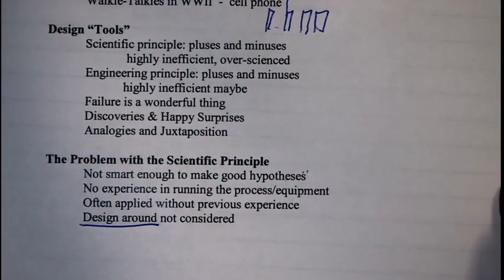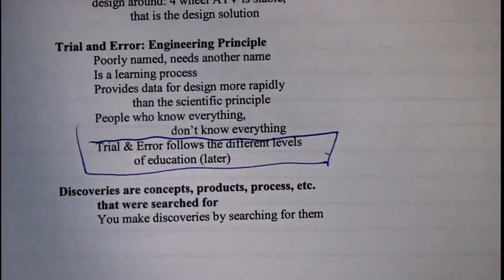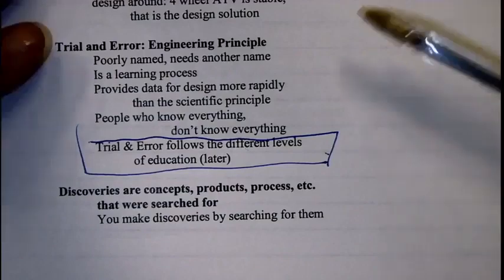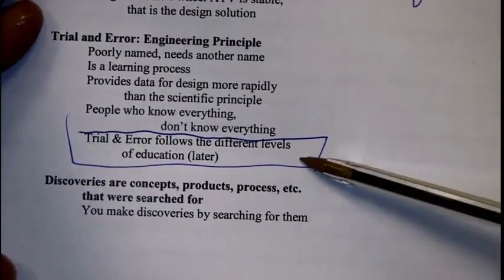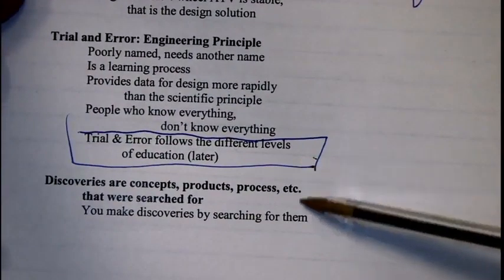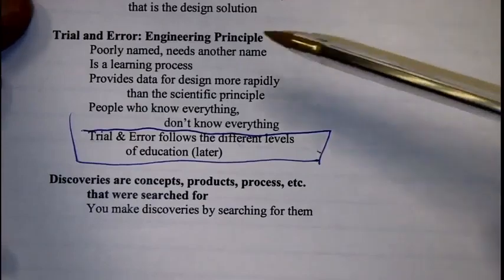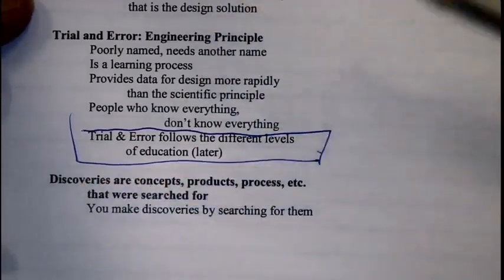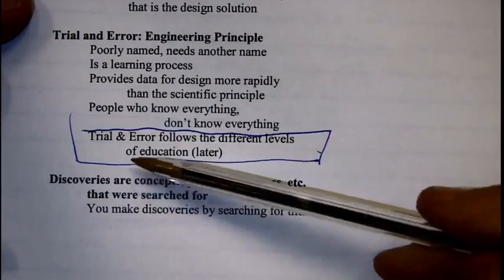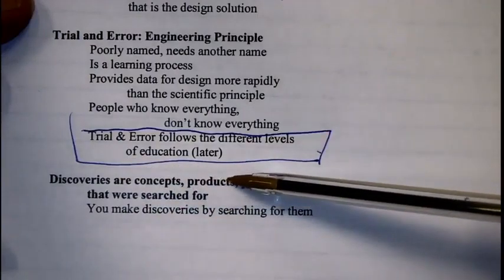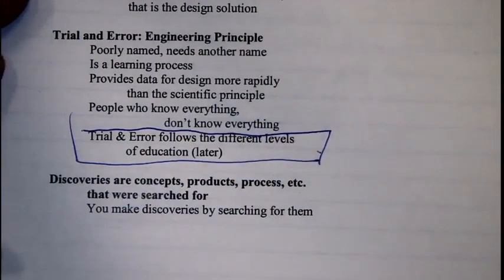The scientific principle implies that you can make a good hypothesis, whereas, no, not so much. Anyway, so up here we mentioned discoveries. Discoveries are concepts, products, and processes that are searched for.